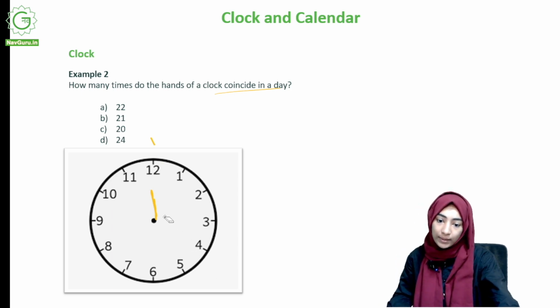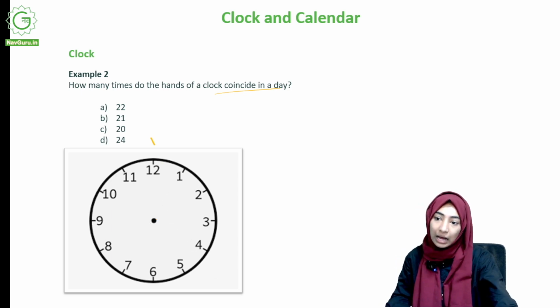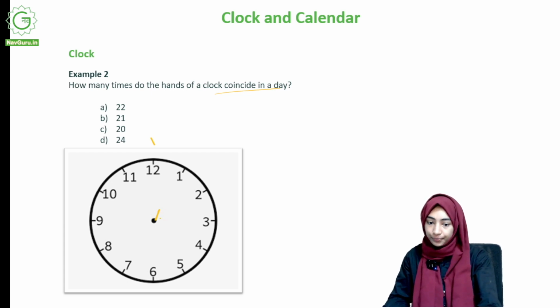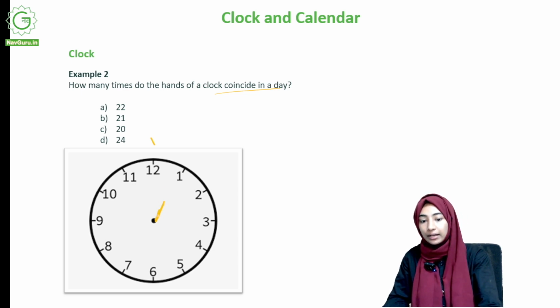Now when does it coincide for 1? If the hour hand is at 1, where does the minute hand have to be? At 5, right? Because at 1:05 it coincides here. If the hour hand is at 1, the minute hand has to be at 5. This is when it coincides. So it coincides 1 hour 5 minutes after.